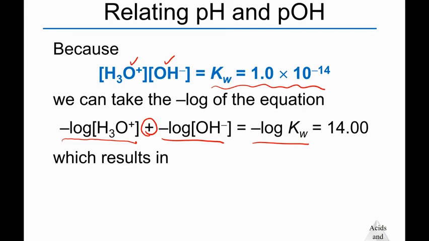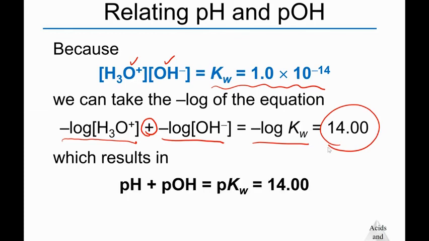Now, the negative log of 1 times 10 to the negative 14th is 14. That's where the pH and pOH scale come from. So pH plus pOH always should add up to 14. And see, there are tons of patterns here. It just takes time to see them.